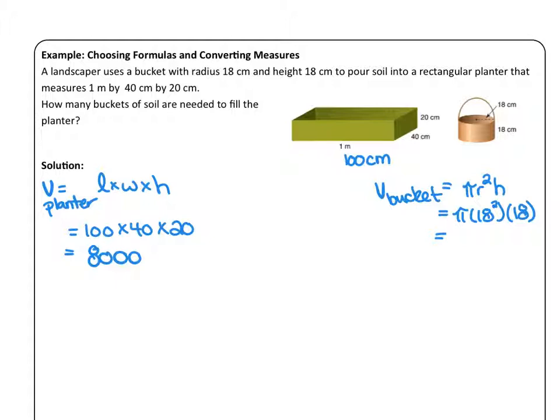And if we calculate that, we get pi times 324 times 18. Times pi, I get 18,321.